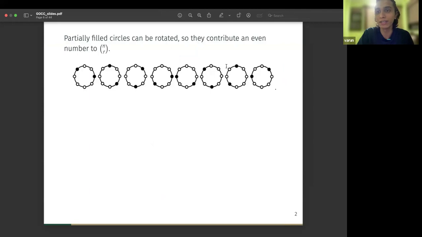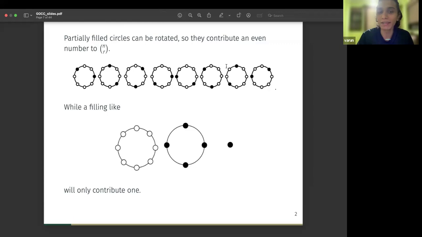So here we can rotate this 8 times, and then we come back to its original spot. So they contribute an even number to n choose r. On the other hand, if you have a filling like this, which is also a choice of 5 balls out of the 13, rotating any of these does not change the configuration. So this only contributes 1.